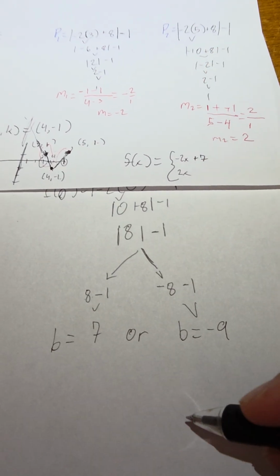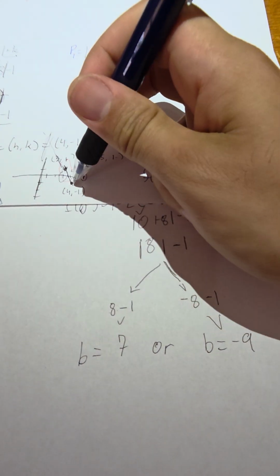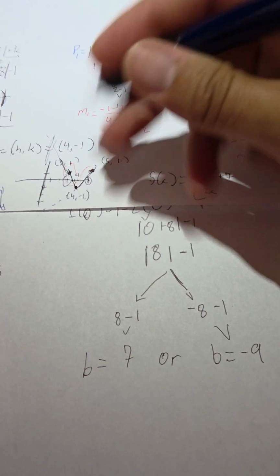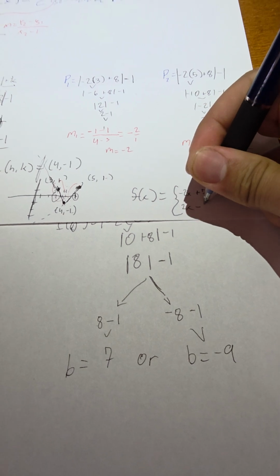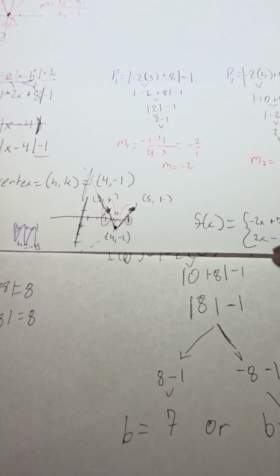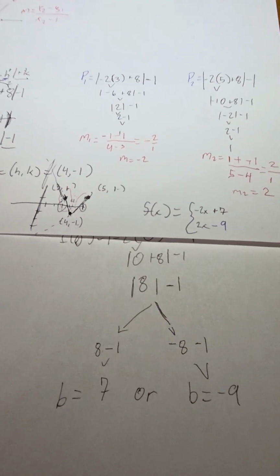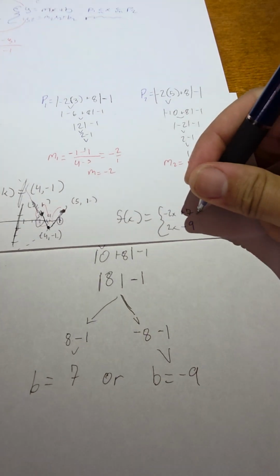And now for our negative b, if we theoretically extend this line here, it's going to end up touching this axis on the negative side, and we know it's going to touch it at negative 9. The other way you could do this is you could just draw it out since you already know the slope too. All right, so now our final step is our limits.